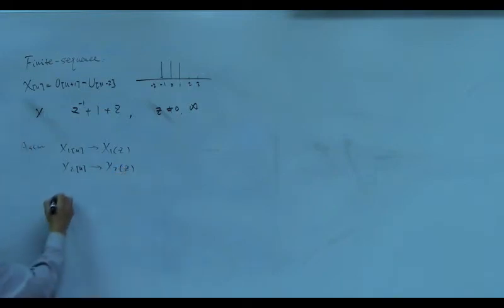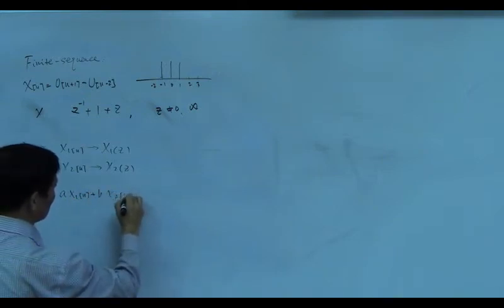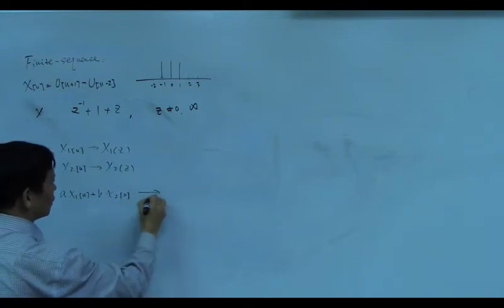And the linear property is a times x1[n] plus b times x2[n]. What is the Z transform for this? We already listed the property: it equals a times X1(z) plus b times X2(z). So how to get that?